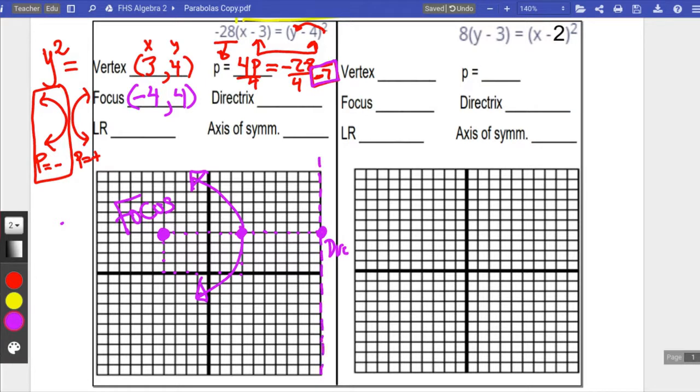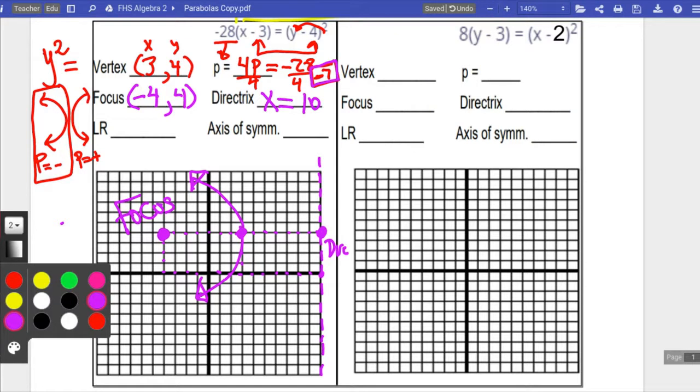This flat line, a line like this, will be x equals what number? Let's see, 1, 2, 3, 4, 5, 6, 7, 8, 9, 10. X equals 10.